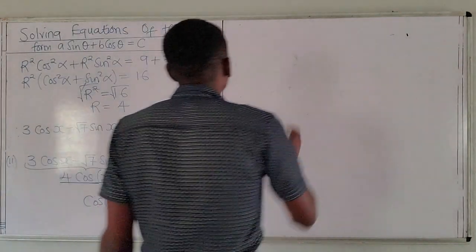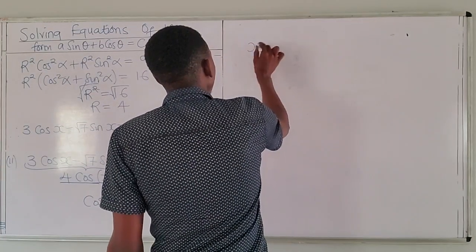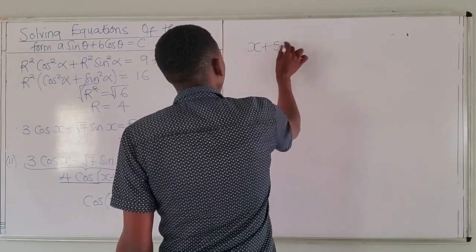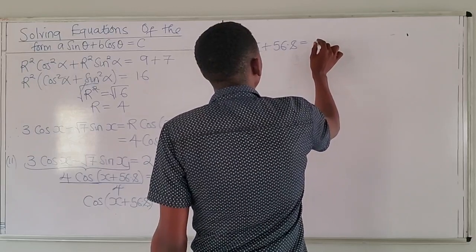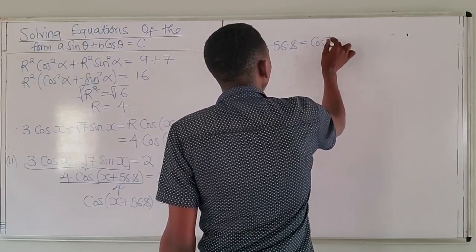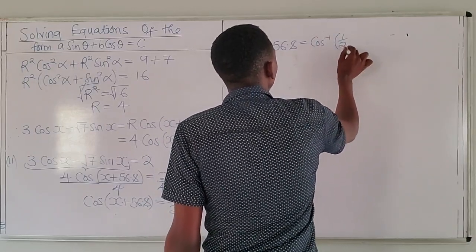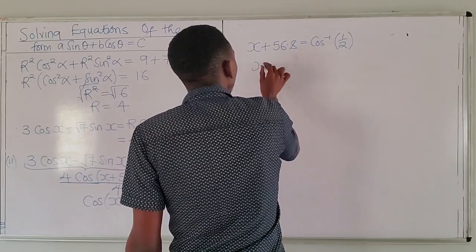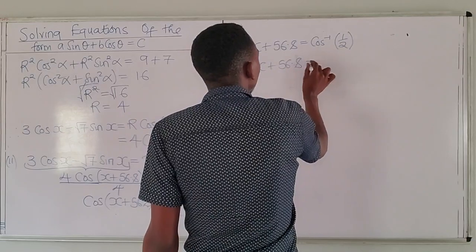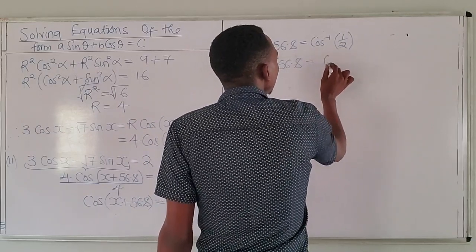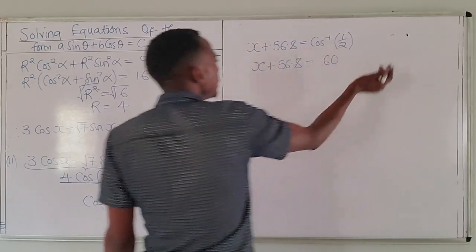So, without wasting much of our time, we rewrite this as x plus 56.8 is equal to cos inverse of 1/2, which is x plus 56.8 equal to 60. Cos inverse of half is 60.